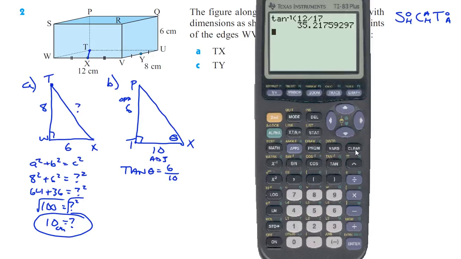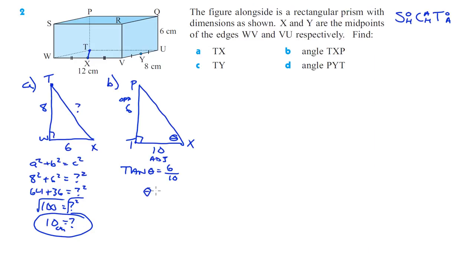So we do second tangent of 6 divided by 10, hit equals, and we get 30.96, so we'll call theta equals 31.0 degrees. So that's what B is, 31.0 degrees, angle TXP.